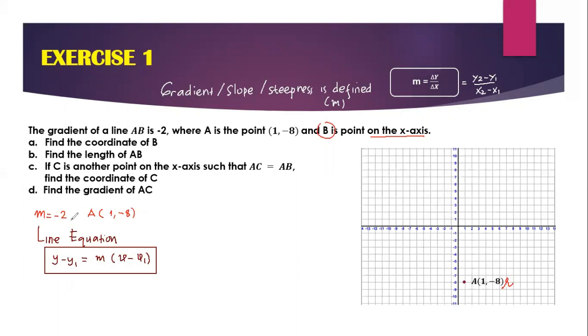We already know that m is minus 2. For point A (1, -8), x1 is 1 and y1 is minus 8. So both x and y will be inserted into the formula, together with m, which is minus 2.